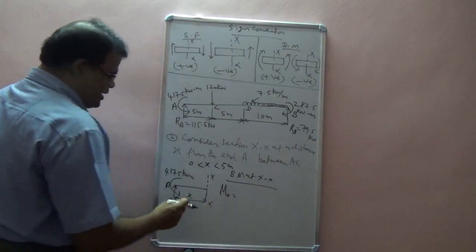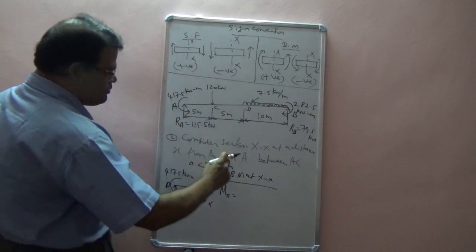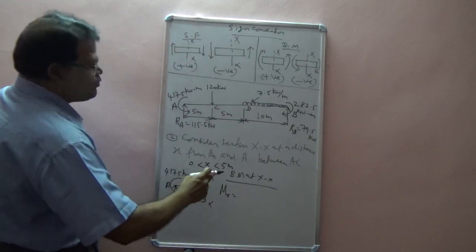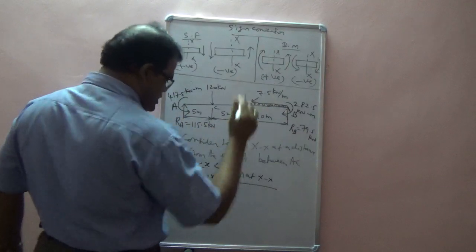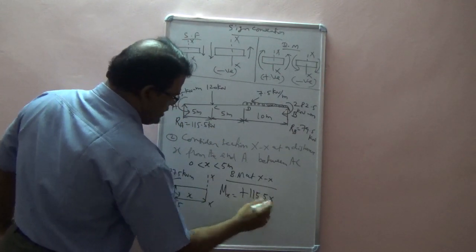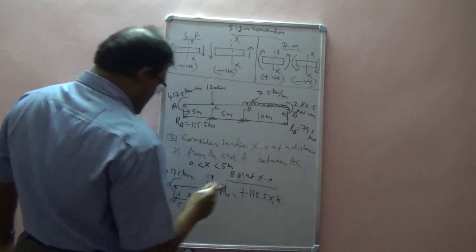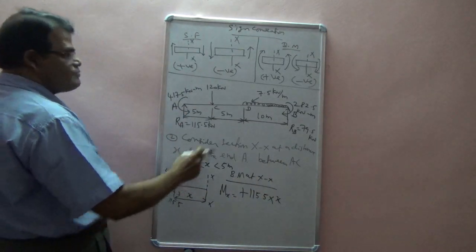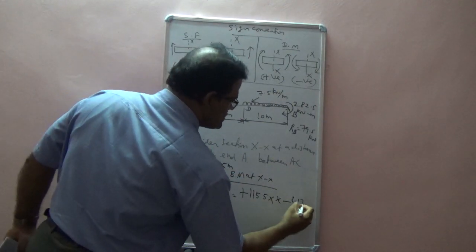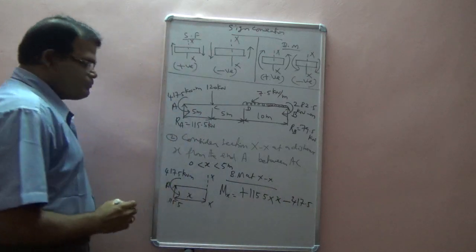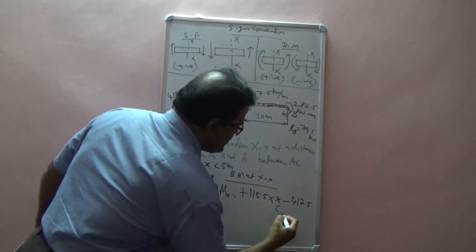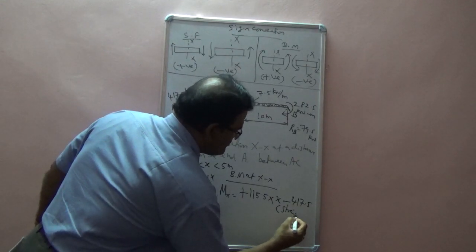So Mx will be equal to this force tending to rotate the beam in the clockwise direction. Section left side clockwise is positive, therefore plus load 115.5 multiplied with distance x, and there is an anti-clockwise moment at the left side, so anti-clockwise minus sign, therefore minus 417.5. This looks like a straight line equation.